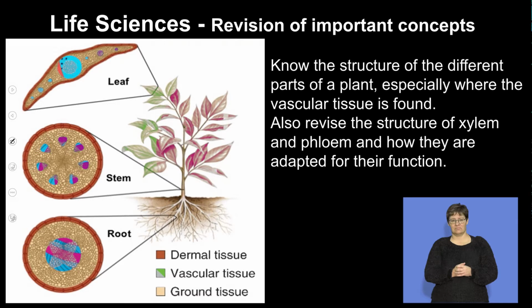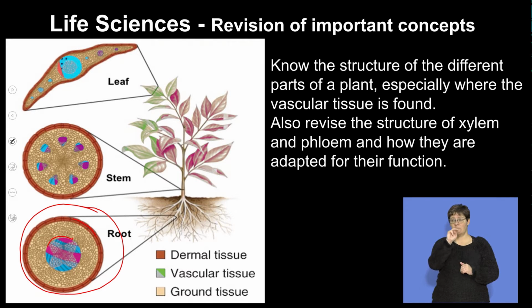Looking at the plant, what we did in one of our previous lessons, we look at roots, stems, and leaves. And in those roots, stems, and leaves, we have the different types of tissues. So let's highlight where these different types of tissues are found. In the root, we see the dermal tissue.